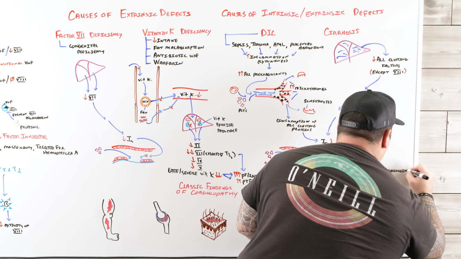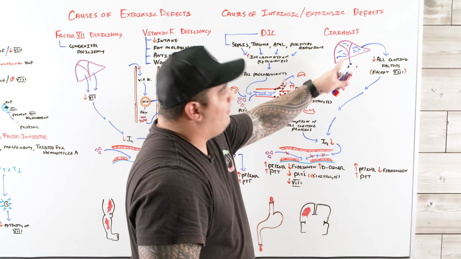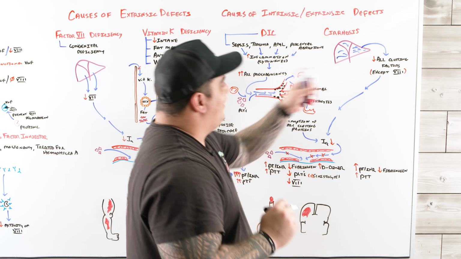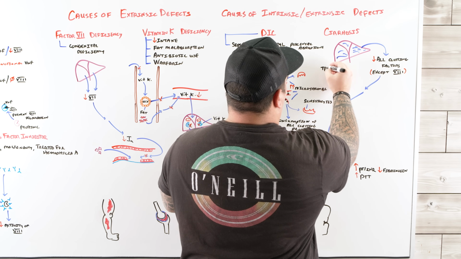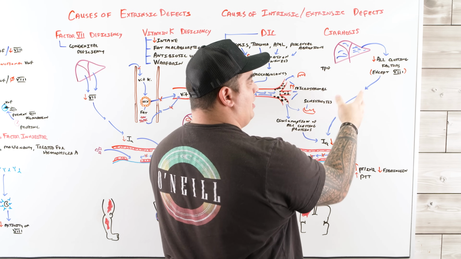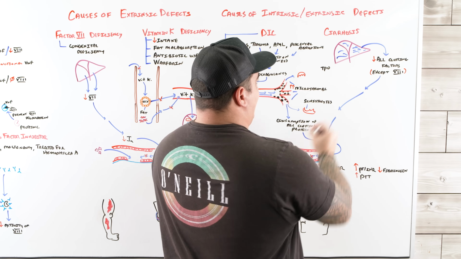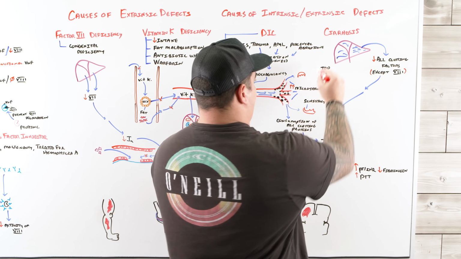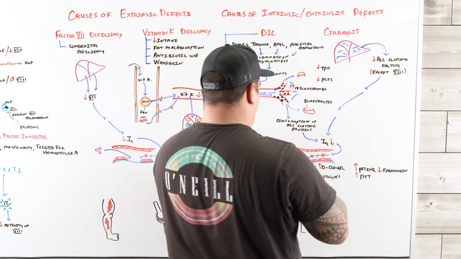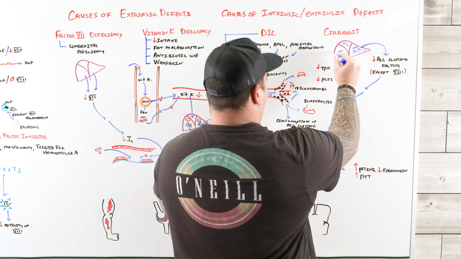All right, what else? Platelets. Funny enough, the liver actually makes a molecule called thrombopoietin, or TPO, which is supposed to stimulate platelet production. So if you have less TPO, you'll have less platelet production by the bone marrow.